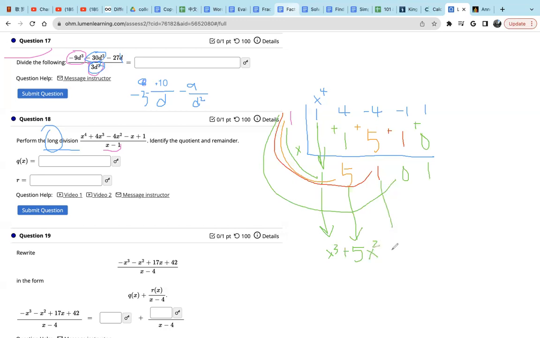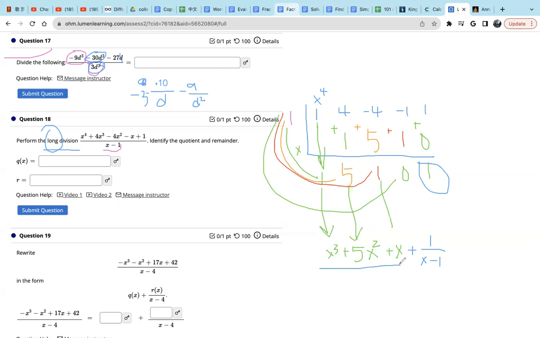This 1 is for 1x. 1x, we don't really have to write a 1, we just write x. This 0 means I have no constant, means my constant is 0. If it's 0, I don't have to write it. So I'm left with this 1. This 1 is my remainder. How do I write my remainder? It's 1 over the divisor, x minus 1.